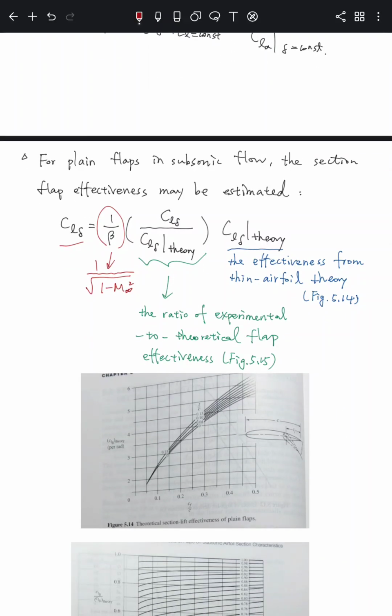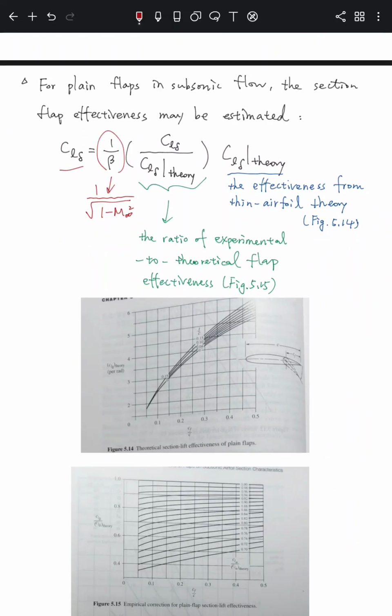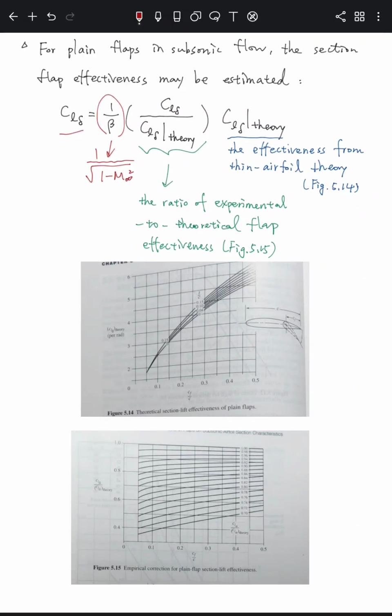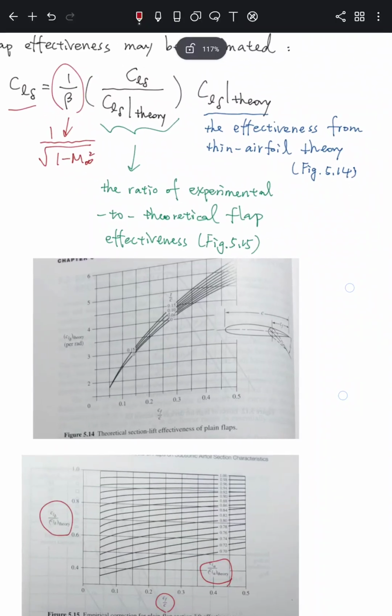As you can see in figure 5.15, here is the necessary information that we have to find on these figures, and I will give you an example later.